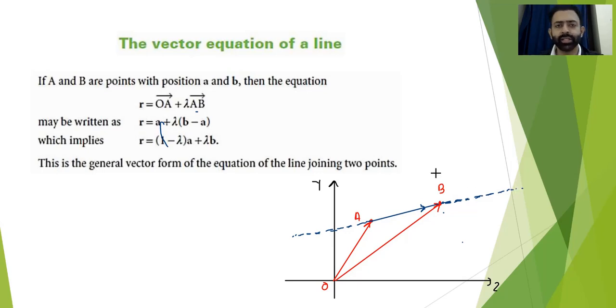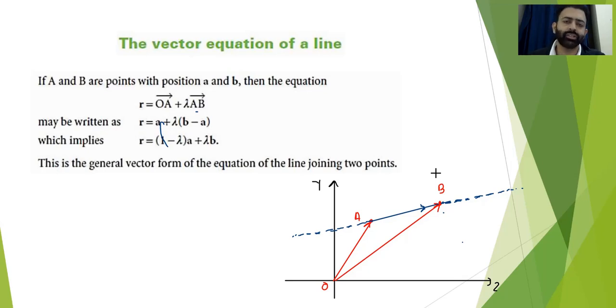Just like in the Cartesian system we have the equation of a straight line, where there is a relation between x and y, we have to find out whether a given point lies on the line or not, by equating the LHS and RHS.